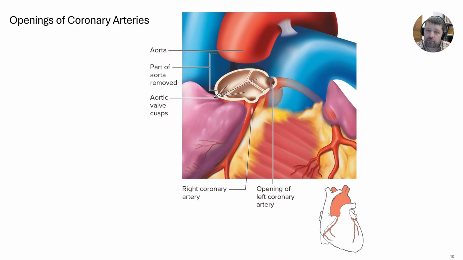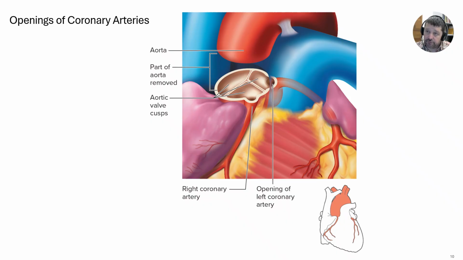Coming out of the left ventricle, up the aortic trunk, there is the aortic semilunar valve, and just past it you have both coronary arteries, the right and the left. These supply the heart with oxygenated blood.